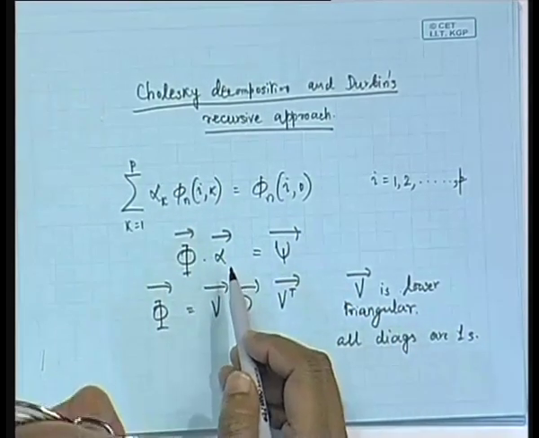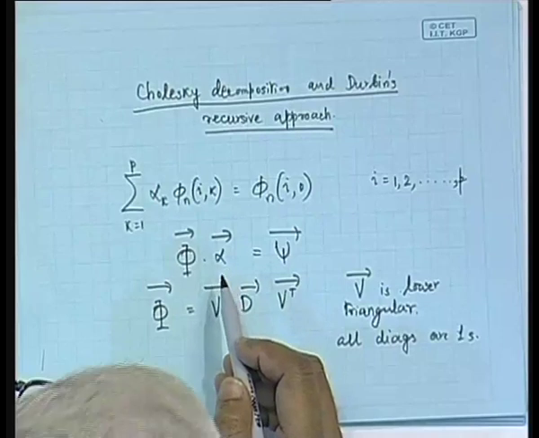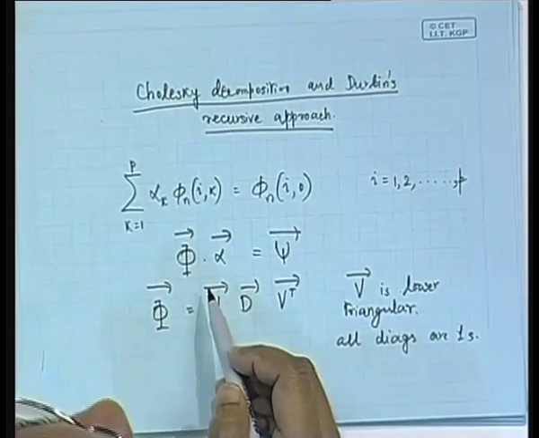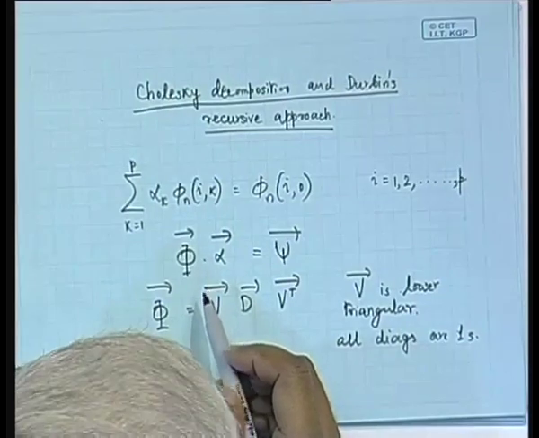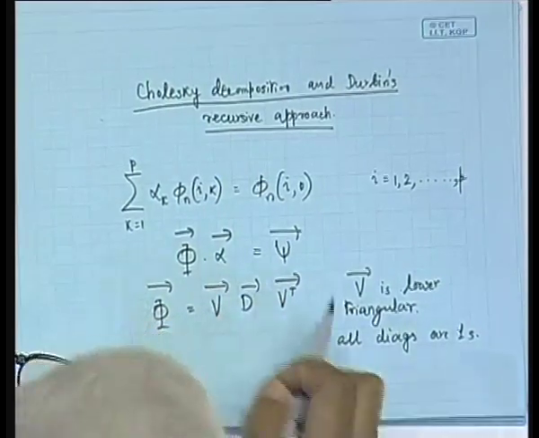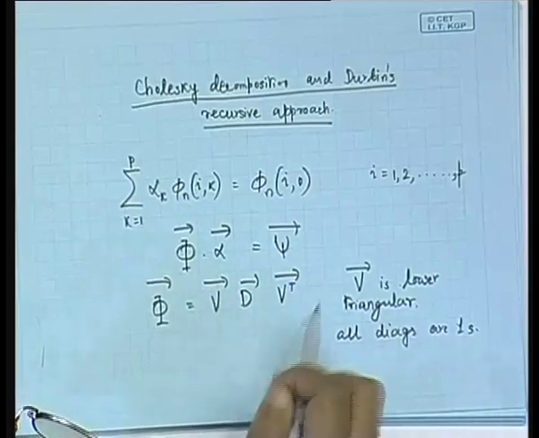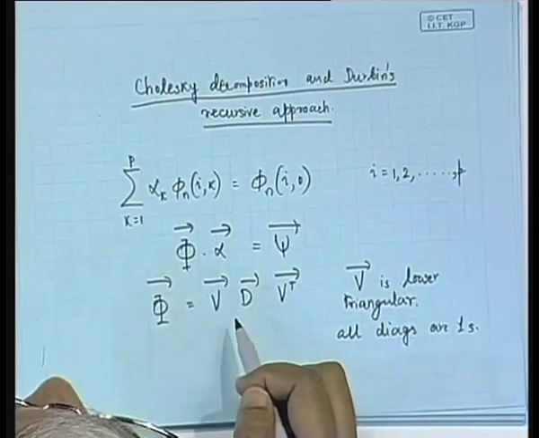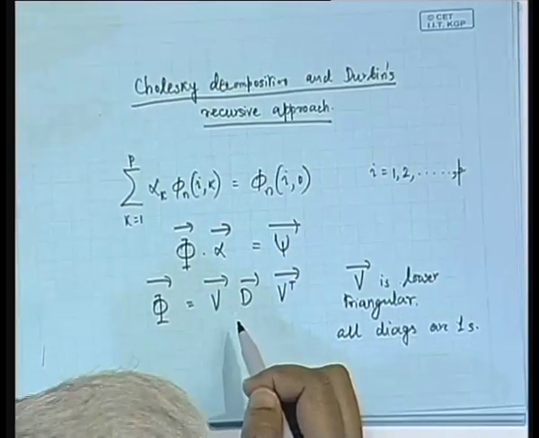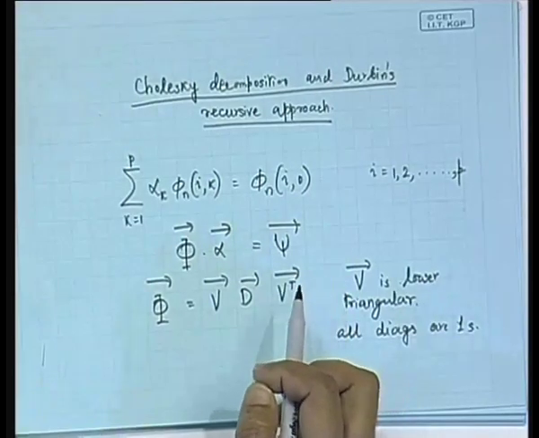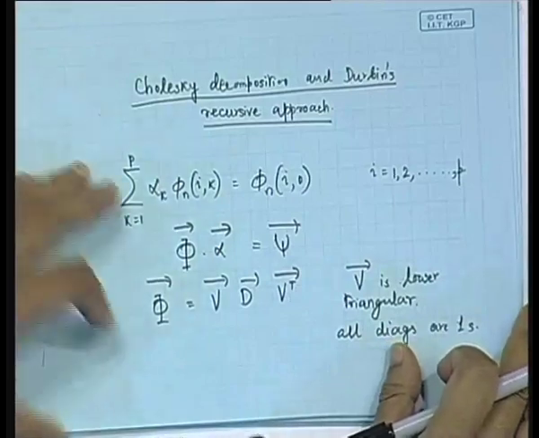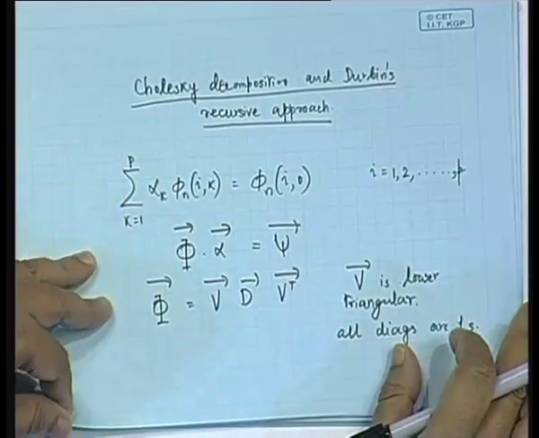We are supposed to solve for alpha. Which means alpha will be nothing but phi inverse into psi, right. So phi inverse will be expressed in terms of this V D V transpose, and once the elements of this V matrix and D matrix are known, this matrix inversion can be efficiently solved, right.